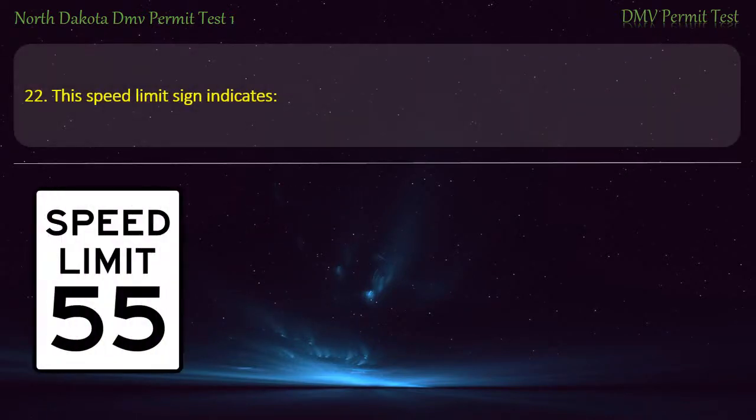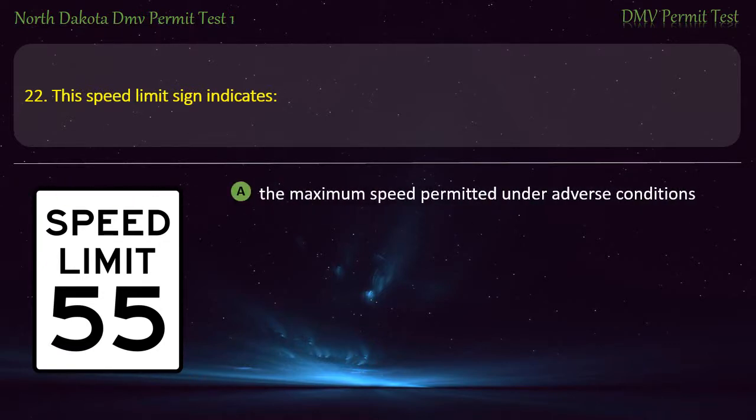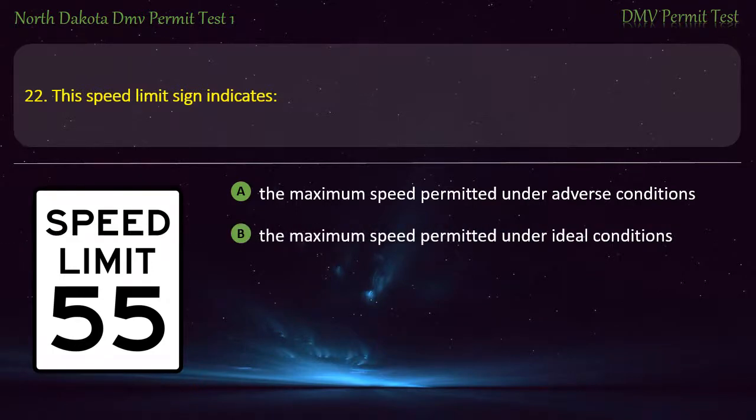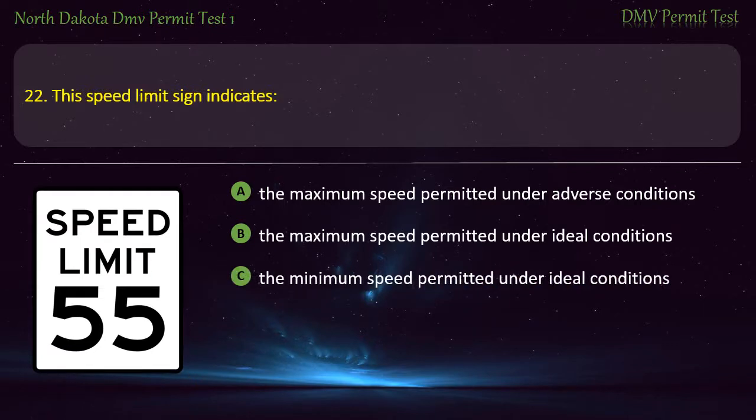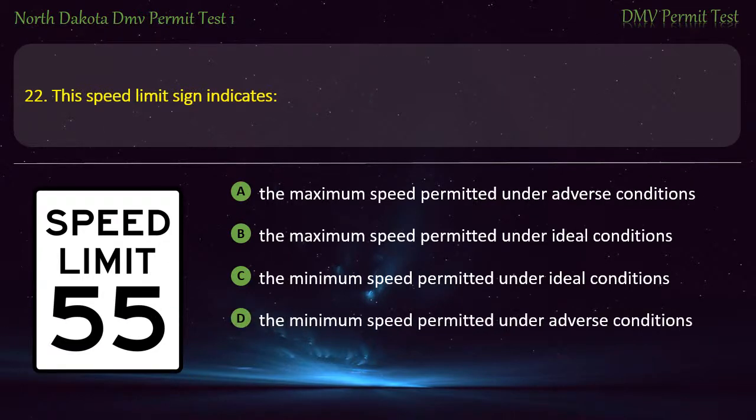Question 22. The speed limit sign indicates the maximum speed permitted under adverse conditions. The maximum speed permitted under ideal conditions. The minimum speed permitted under ideal conditions. The minimum speed permitted under adverse conditions. Answer.